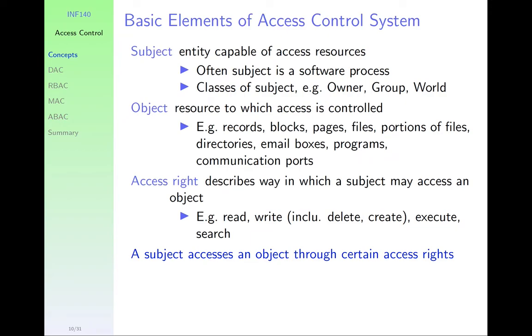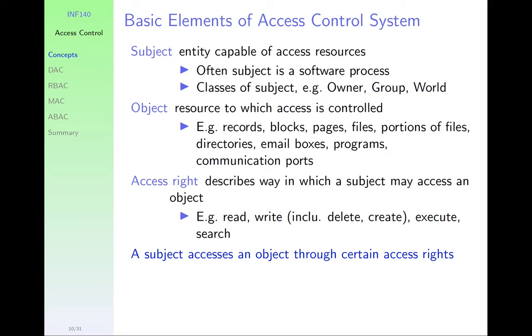So we can specify access rights for a file, like whether a user can read a file, or whether a user can edit, which we call write, or whether a user can write some extra text into a file, or whether a user can delete all the text in the file.